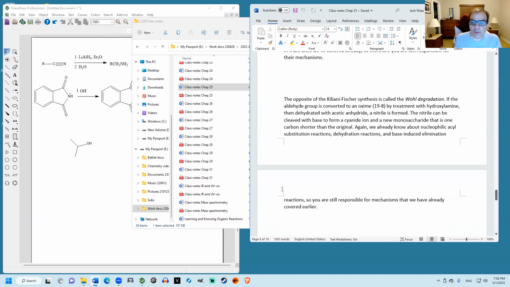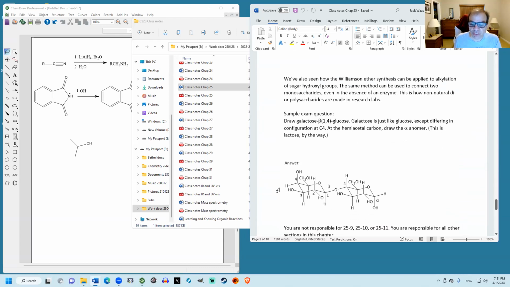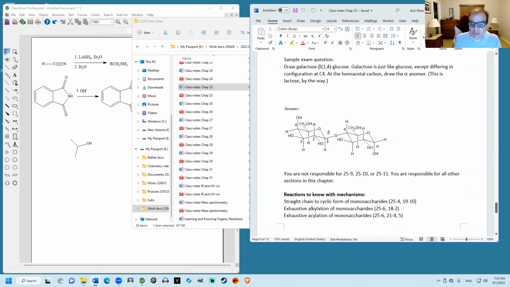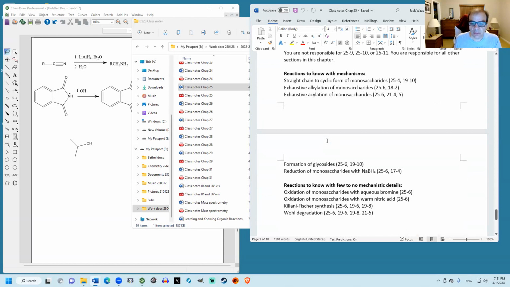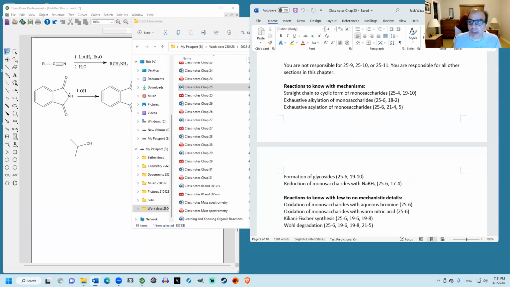And I think we ended up with the Kiliani-Fischer synthesis and the Wohl degradation. And then, of course, how to draw disaccharides. And that was pretty much it for chapter 25.